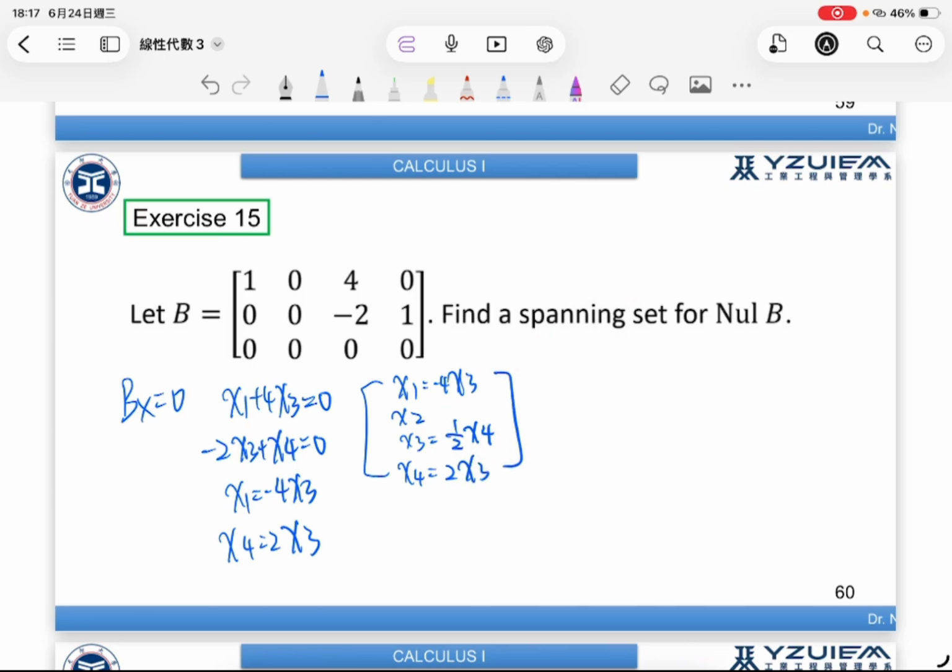Now we separate the free variables to get this. And therefore the spanning set for Nul B is the vector 0, 1, 0, 0 and the vector negative 2, 0, 1/2, 1.